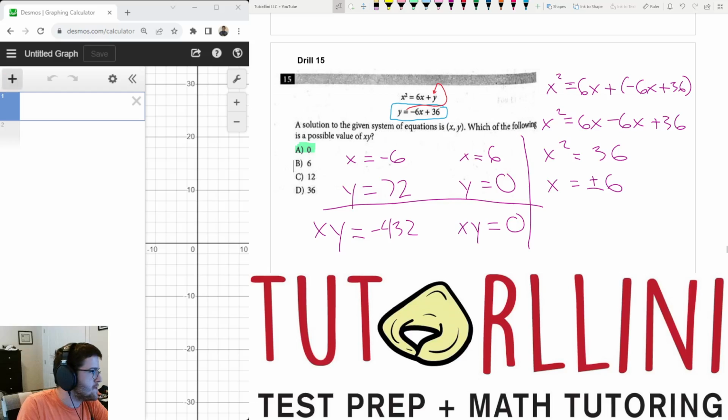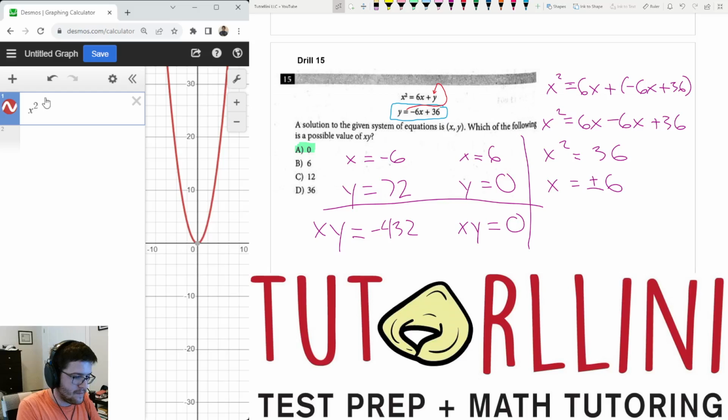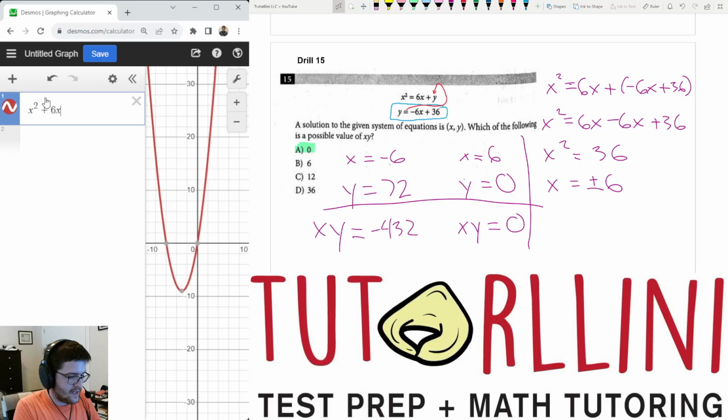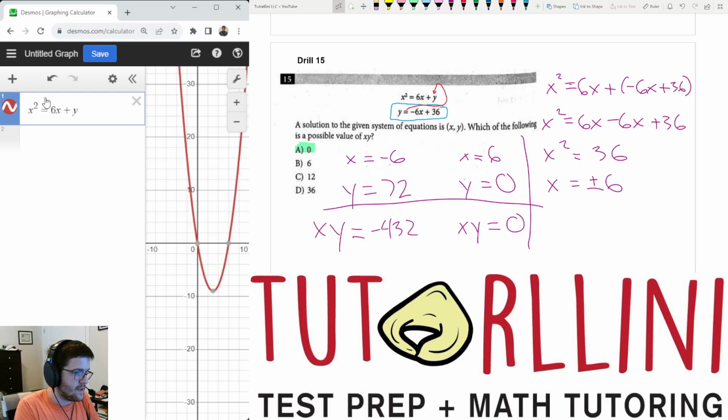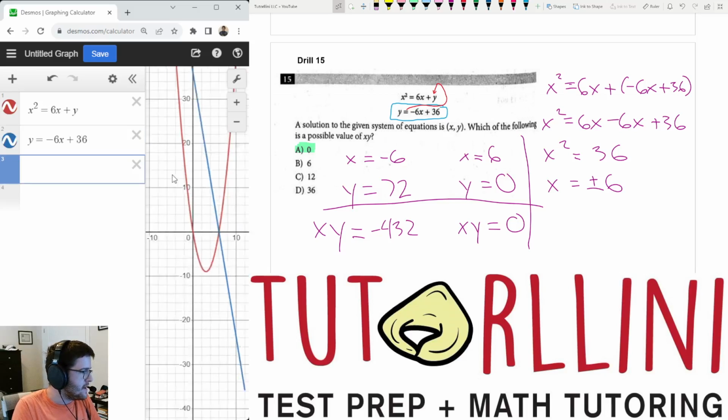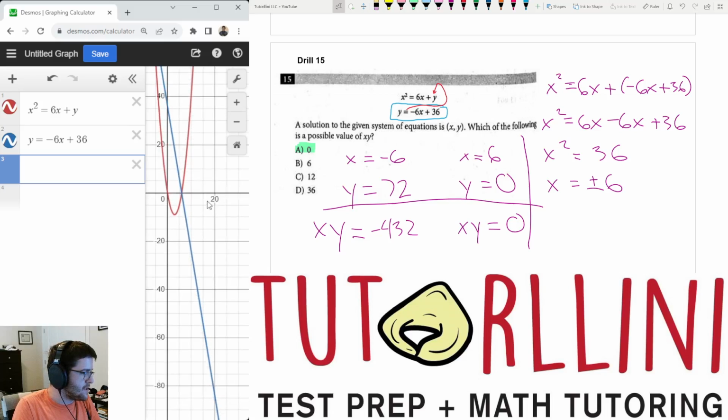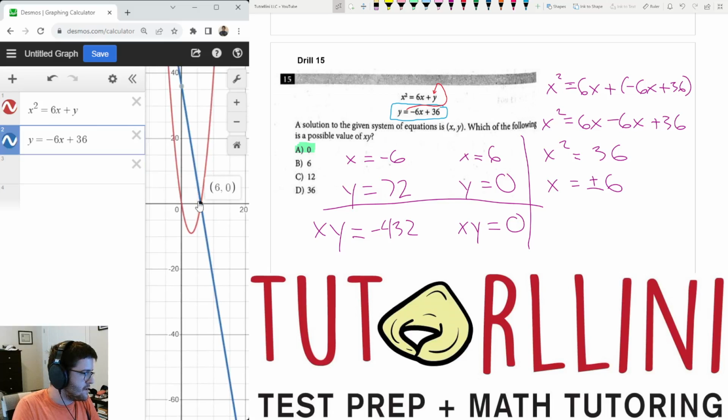Great, let's do it on Desmos. So x squared equals 6x plus y, and y equals negative 6x plus 36. And now I can just click on the points of intersection.